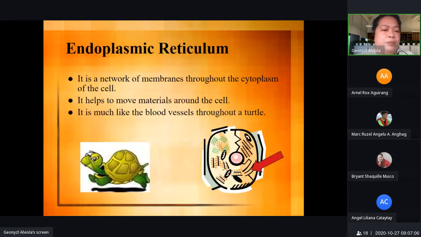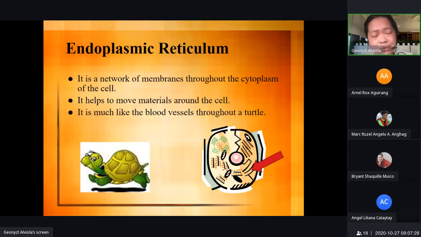Endoplasmic reticulum. We have two kinds, the rough and the smooth. In the endoplasmic reticulum, the rough one functions in synthesis. The endoplasmic reticulum is connected.